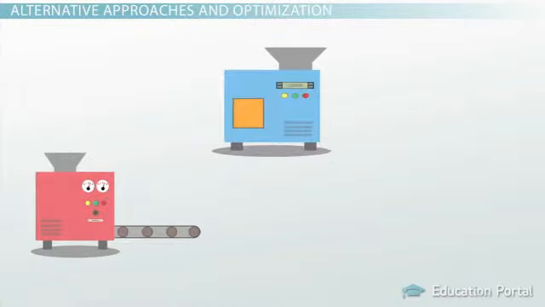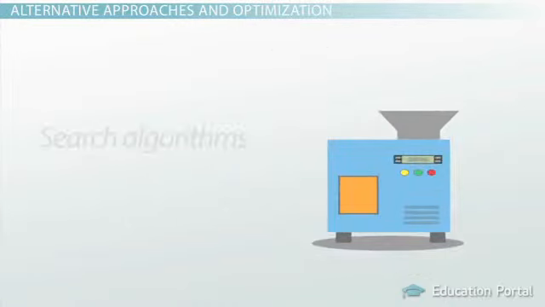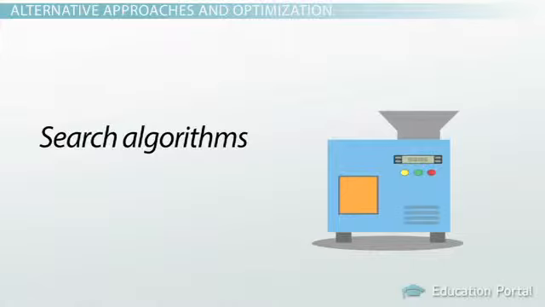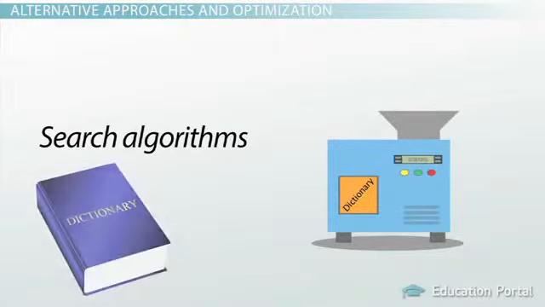There are many different types of algorithms. Search algorithms are used to find an item with specific properties among a collection of items. For example, you may want to know if a particular word occurs in a list of words or not. Searching is closely related to the concept of dictionaries, since it is like looking up a word in a dictionary.